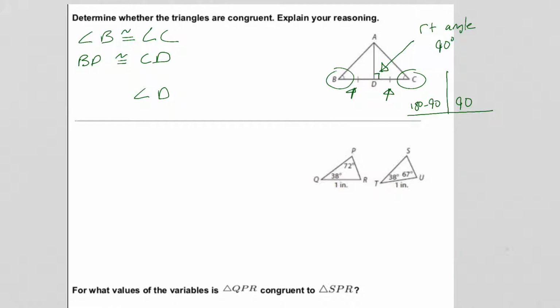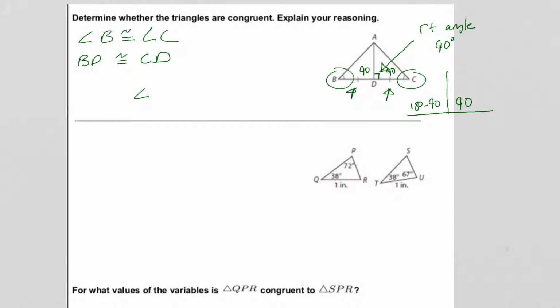So what's 180 minus 90? It is 90 as well, right? Here's 90, and there's 90. So then I really shouldn't say angle D, even though it's right there in the middle, because that could represent either side. I should be more specific.